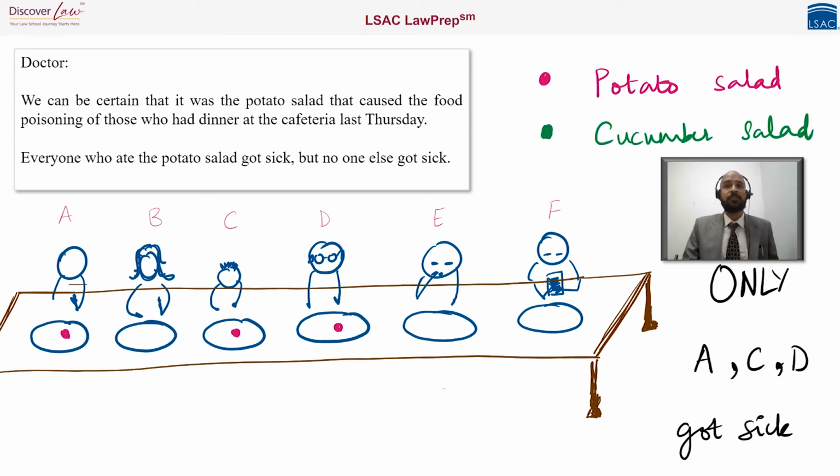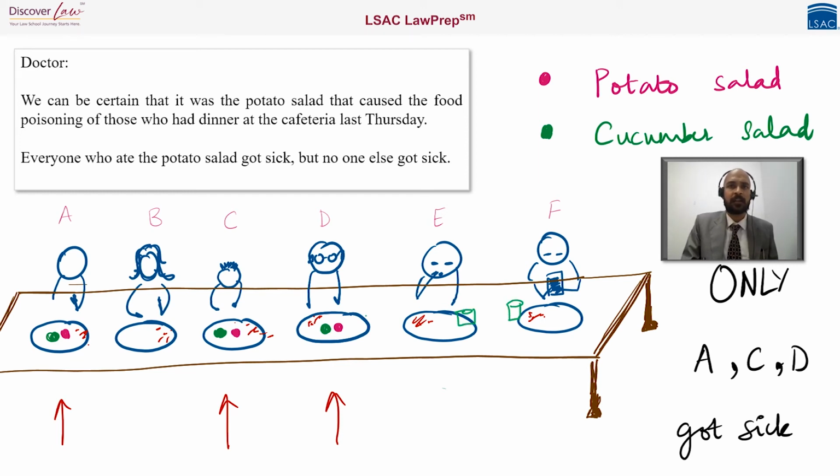Okay, so the green dot is cucumber salad, and let us say again only A, C, and D had cucumber salad. Maybe everyone gave themselves some amount of rice. Everyone had rice. And maybe everyone also had a glass of lassi alongside.